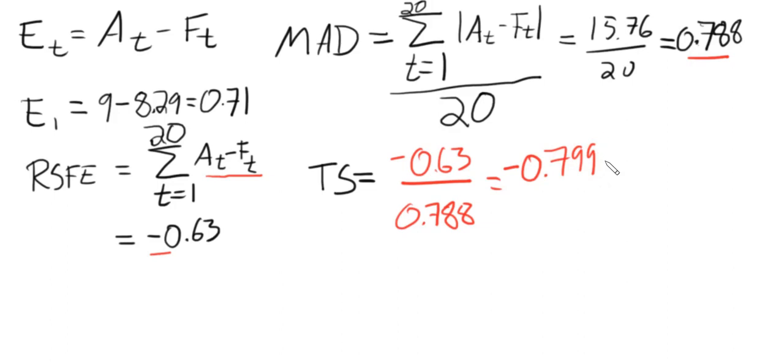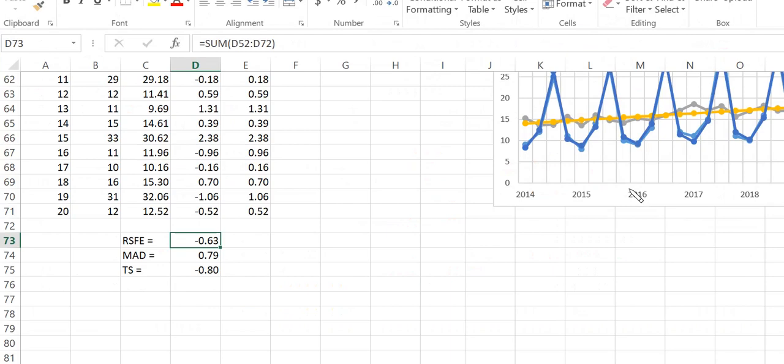So the tracking signal, the way we look at it is if it's less than 4 and it's a bigger number than negative 4, then things are okay. And since this is definitely between positive 4 and negative 4, it seems like our tracking signal is working pretty well, which means our forecasting method is working pretty well.